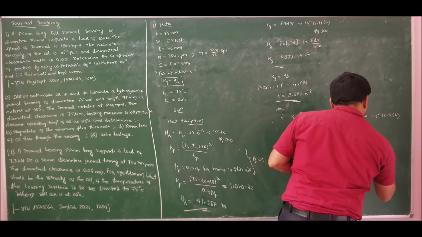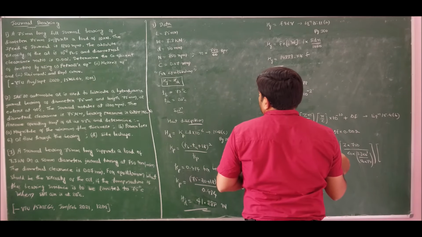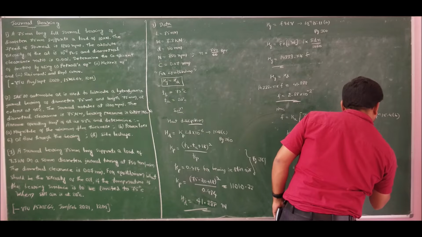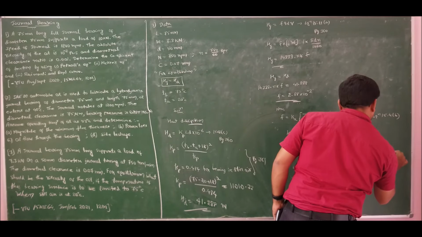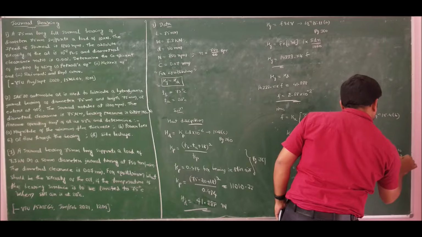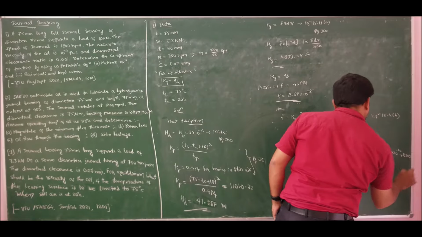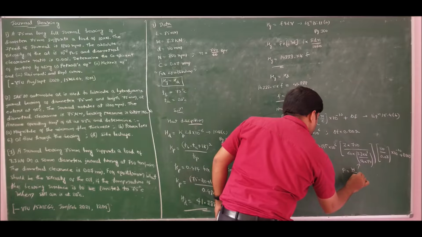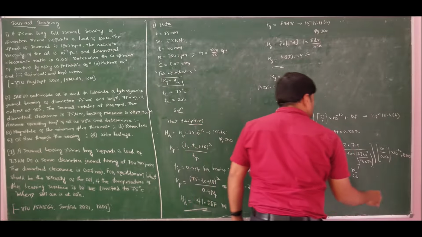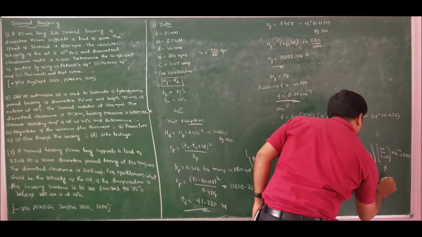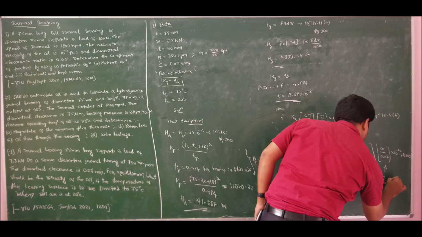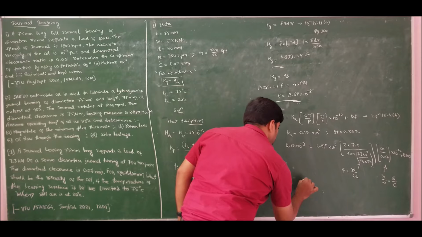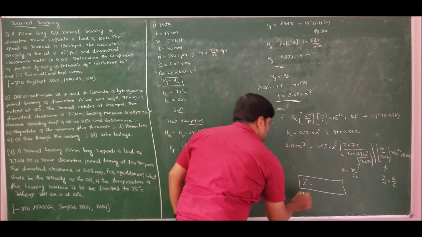And next we have R by C. R by C can be written as D by C. Hence I can write it as 50 by 0.07, into 10 to the power of minus 10, plus 0.002. So P is equal to W by L D, this you people already know, and R by small c is equal to D by capital C. Hence I get the value of dynamic viscosity.